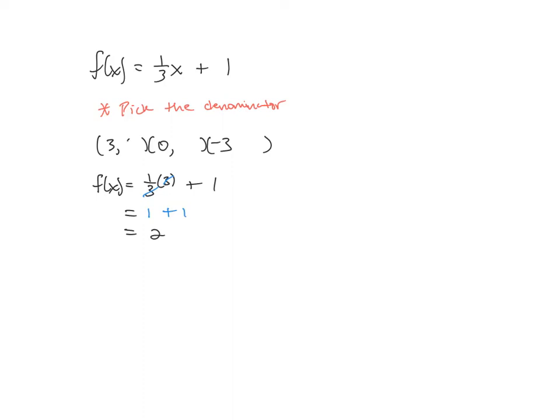Okay, so when I plugged in 3, I got 2. Well, 1/3 times 0 is just 0. I picked 0 because anytime you multiply by 0, it's 0, so it just makes it a lot easier in my opinion. And then -3.